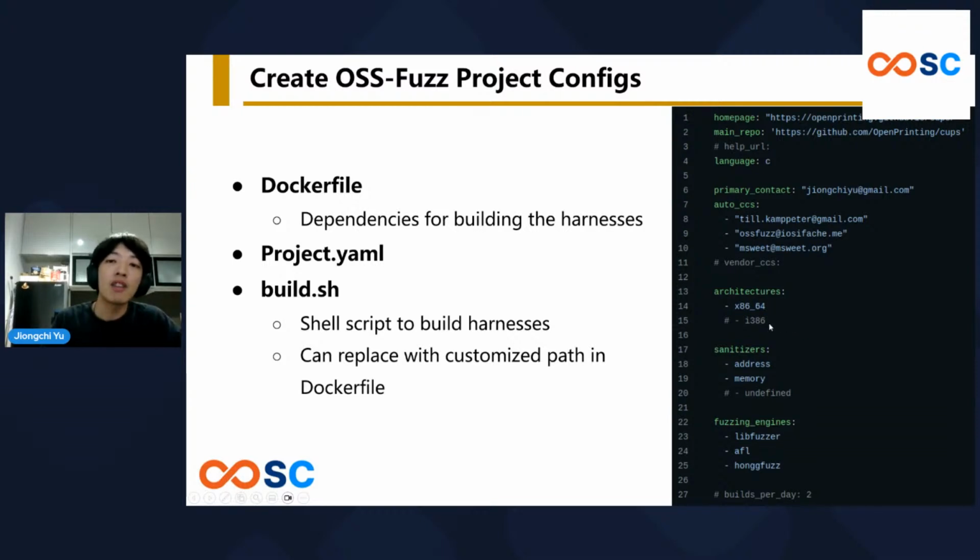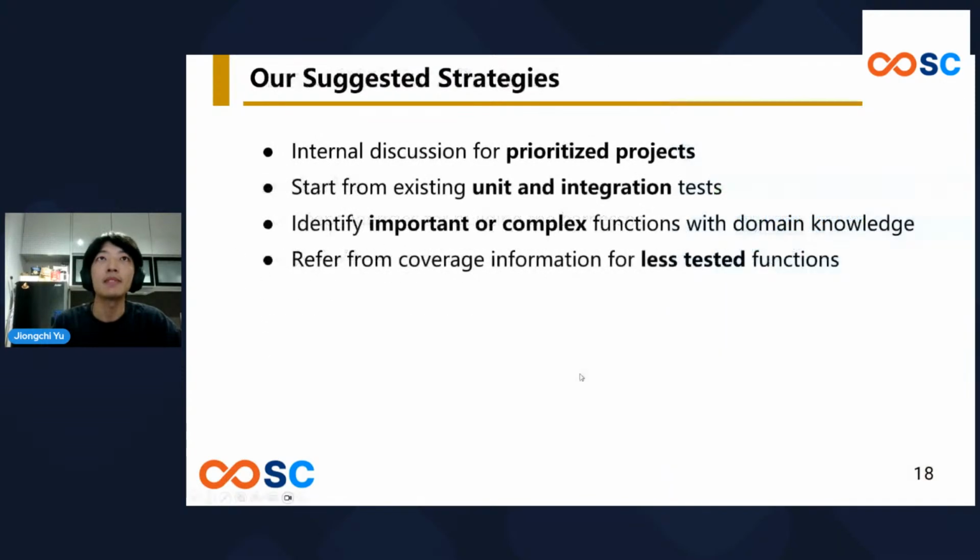To make development more convenient, usually we replace it with a custom path in the Dockerfile and maintain the build shell script in our separately maintained project, which is also adopted by OpenPrinting fuzzing. That covers all the details to integrate a project into OSS-Fuzz with minimal advanced settings.